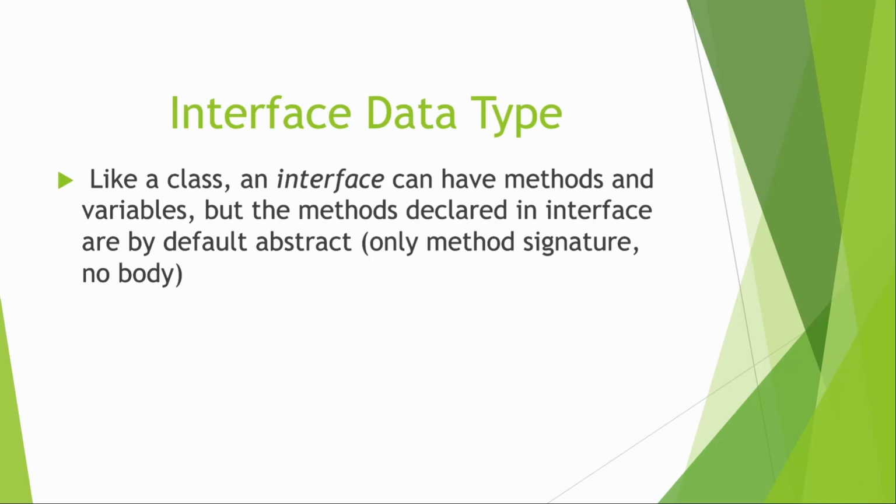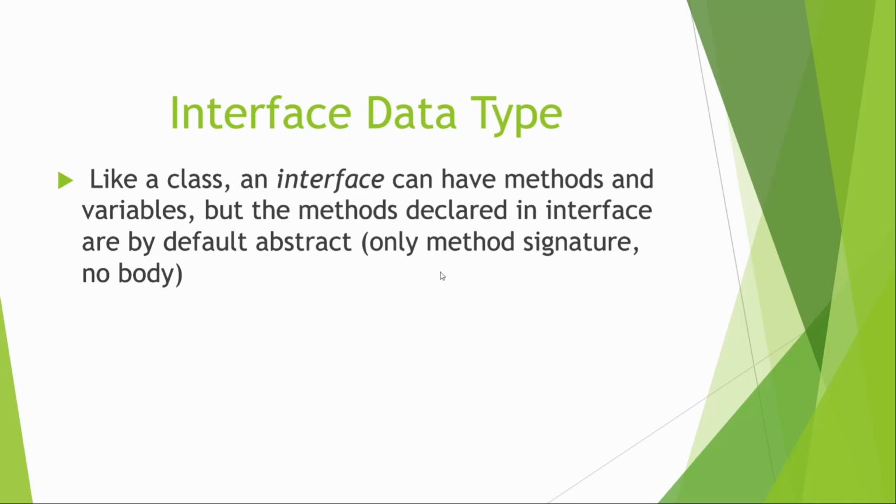Next, interface. An interface is declared like a class, and it can have methods and variables, but the methods declared in an interface are by default abstract, only the method signature, no body. So an interface basically has abstract methods.